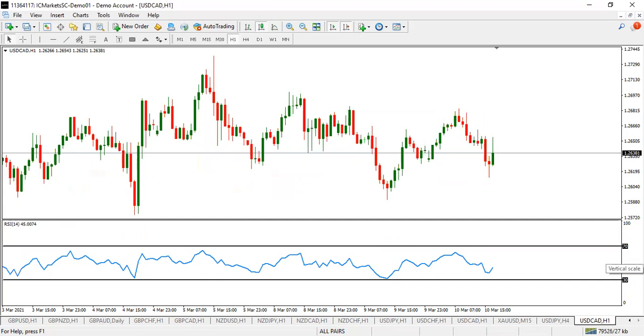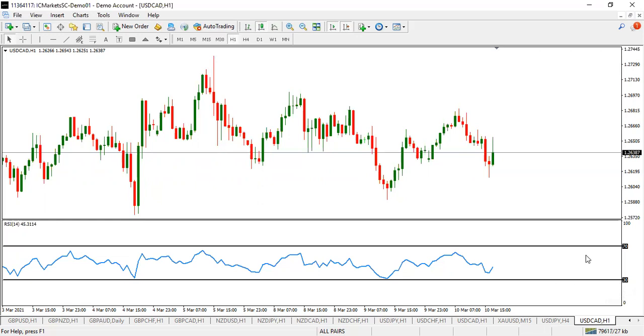Now look, guys, we have 70, which is what I showed you earlier as I brought the dialog box out. We have 70, we have 30. The 70 line on RSI is known as overbought, while the 30 line is known as oversold.